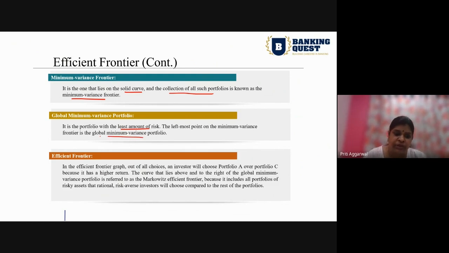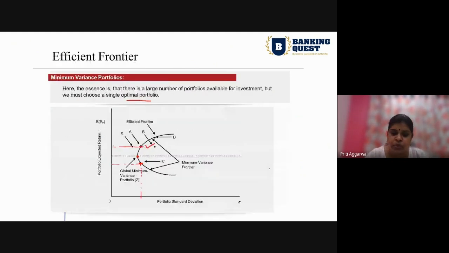What is an efficient frontier? In the efficient frontier graph, out of all the choices, an investor will choose portfolio A over portfolio C. That is what I have shown you: in case of A and C, both have the same risk exposure, the same standard deviation, and both are on the efficient frontier.